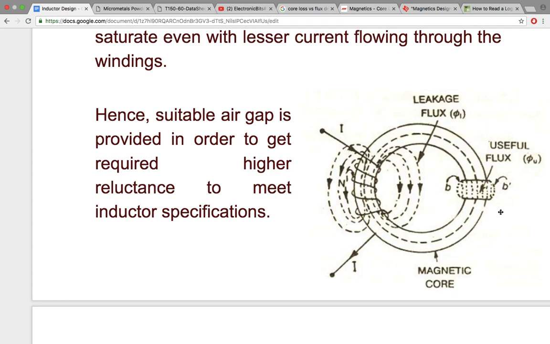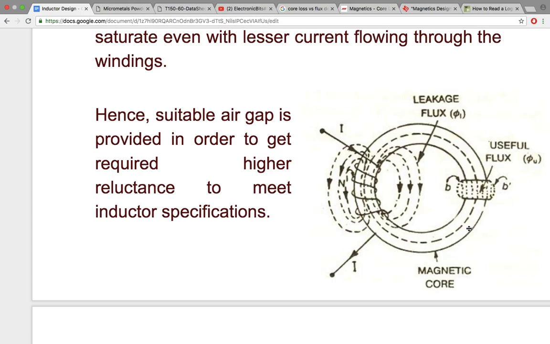But anyway, if we introduce more air gap, they start leaking out. That again affects our inductance value and our magnetic property. So the air gap is a problem if you increase it to a very large number.